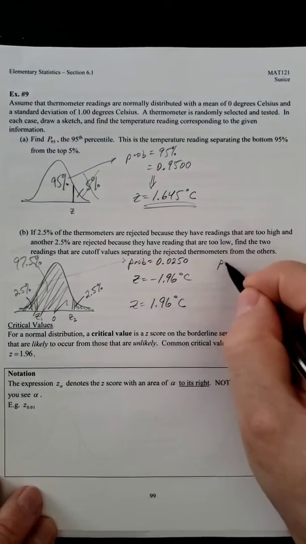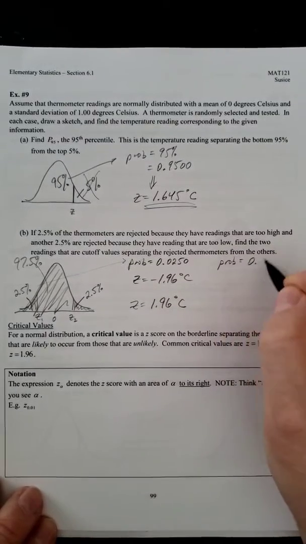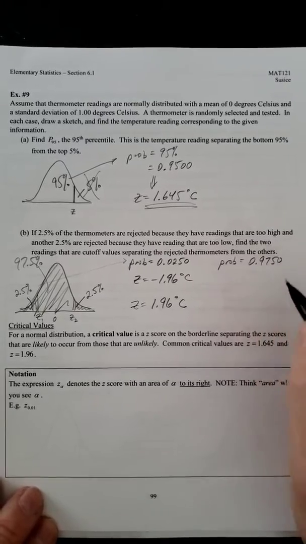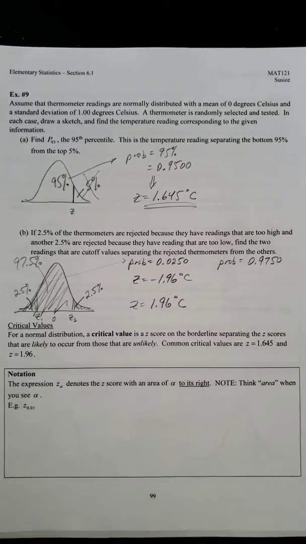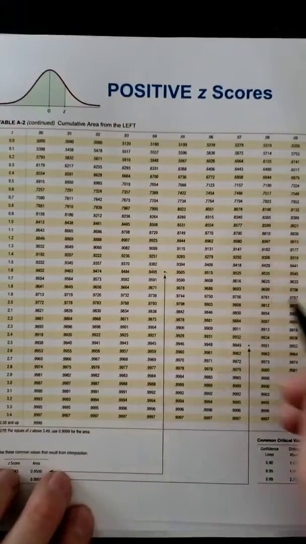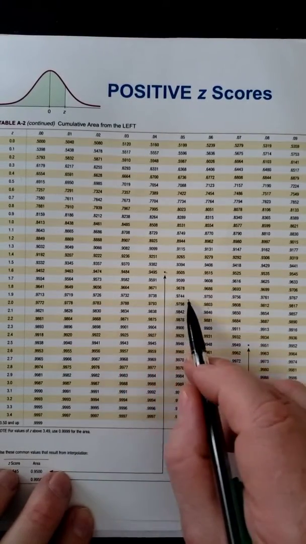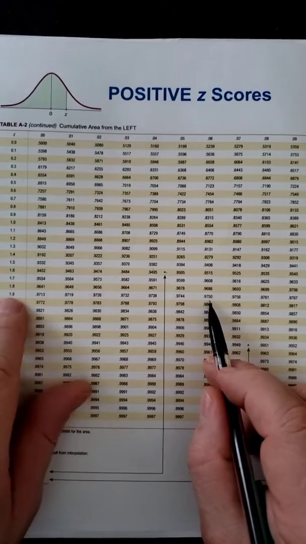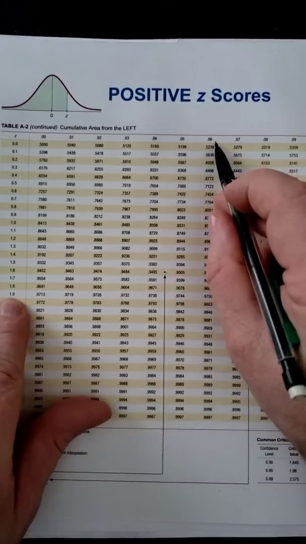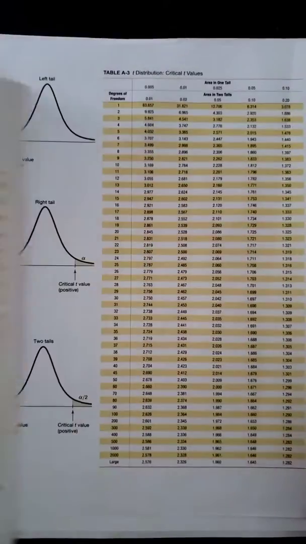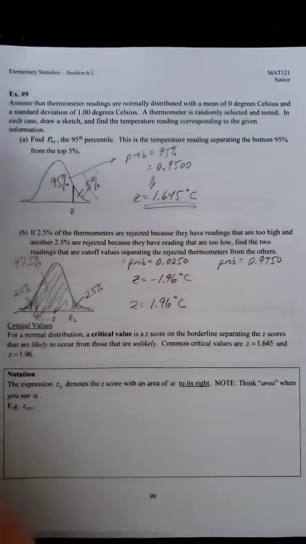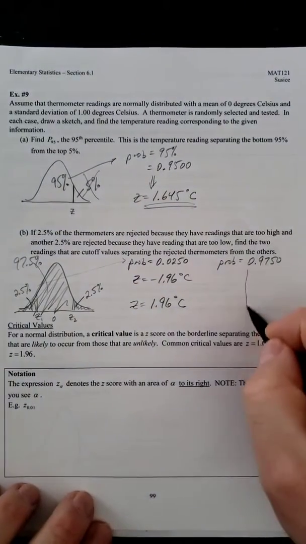So if I looked at a probability of 0.9750, let's see what happens. 9750 is right here. 1.96. So you still get the same result.